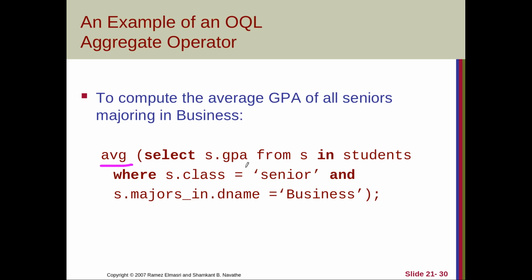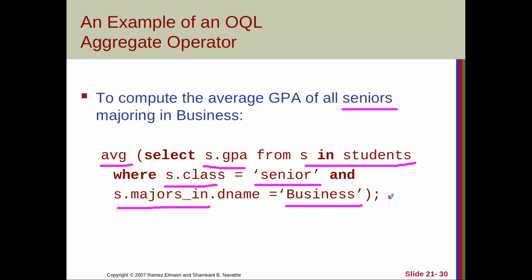Select s.gpa from s in students, where s.class is equal to senior and s.majors_in.dname is equal to business. Very clear, very simple, right? So a group of CGPAs will be created as part of this select, and the average of those CGPAs will be returned by this AVG operation. I hope it is clear.